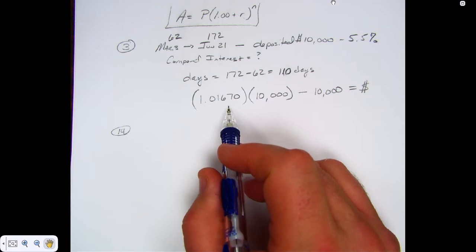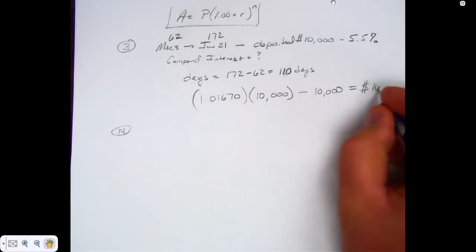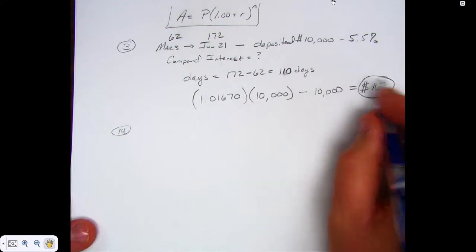You need to put parentheses around one of them and then subtract 10,000. Okay, so that's your answer there.